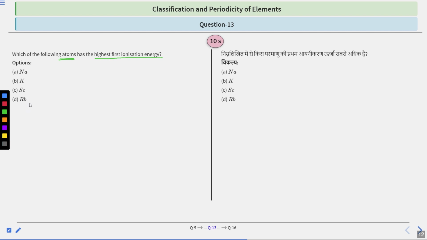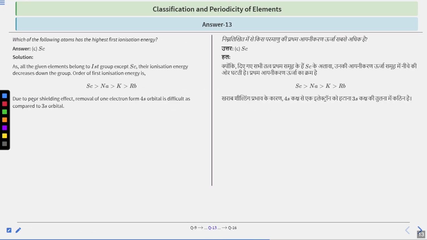You have 10 seconds to solve this question. After that, we will see the correct answer. Okay, let's see. The correct answer is option C, that is scandium.